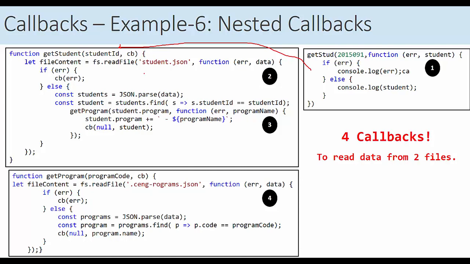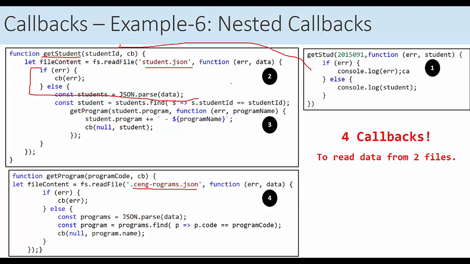The program name is not available in the same file. It's available in another file. The file name is CNG programs. And we need the getStudent function, after fetching the student data from the student JSON file, to also go and find the program name.